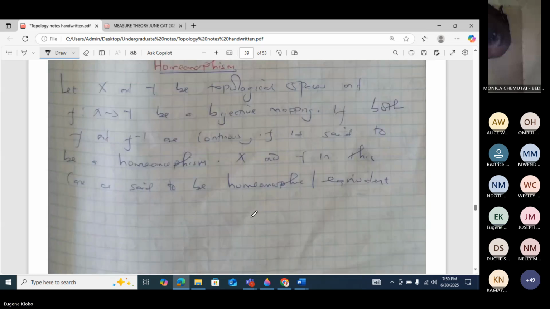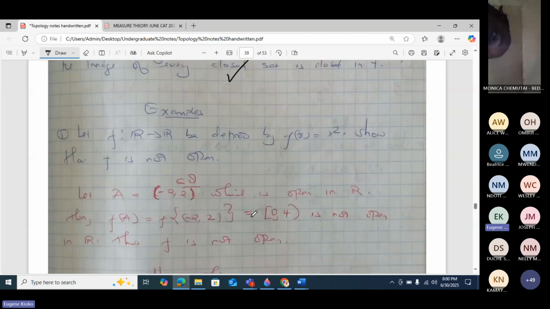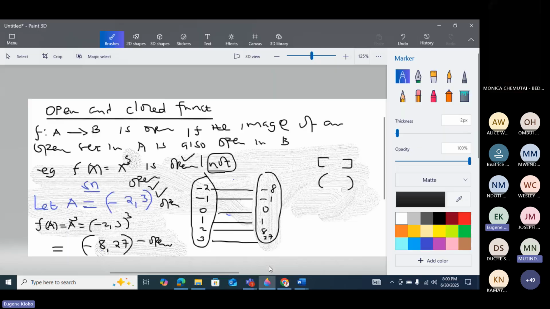Excuse me, please, I have a question. In that second example, why have you picked -8 instead of 0?